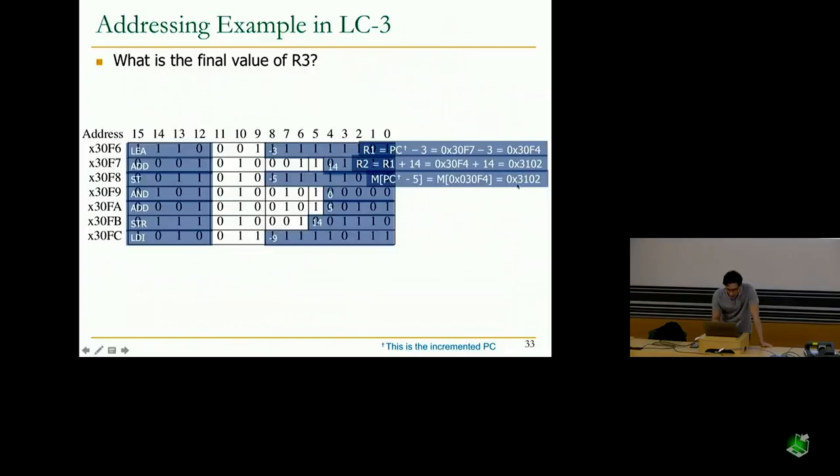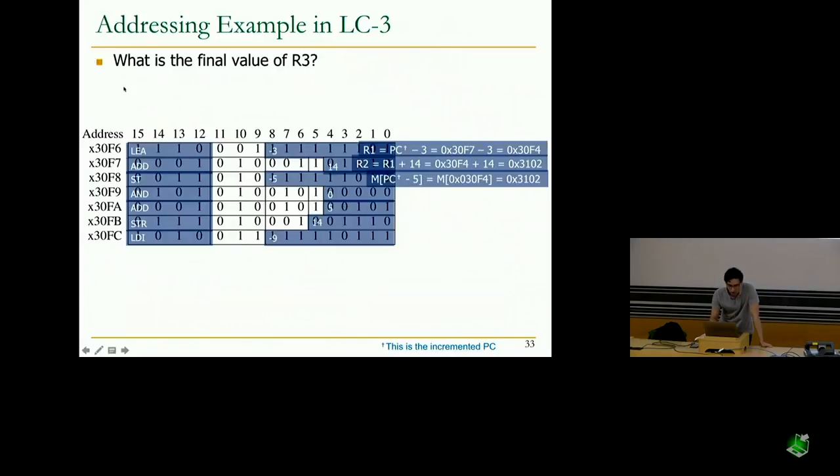And there, we are going to store what we have in the source register. So its source register is R2, because R2 contains 3102. That's what we are storing somewhere in memory around here, in address 30F4. This is easy, right?